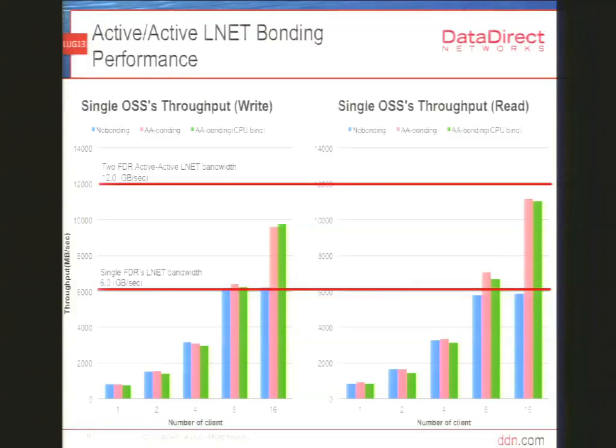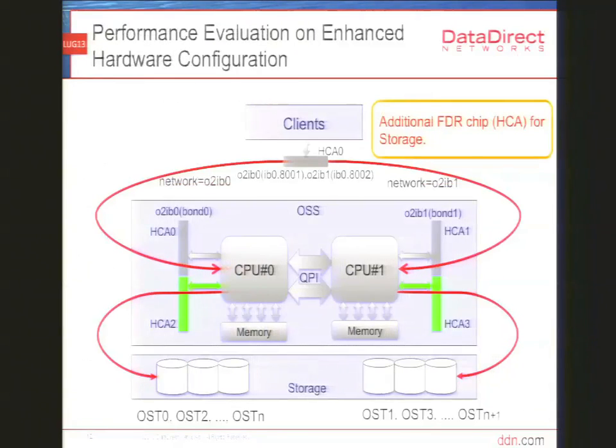Then we didn't see much performance difference between CPU binding and no CPU binding. And also the write performance is a little bit lower than the read performance. So we enhanced the hardware configuration by adding two HCAs for a dedicated storage network.